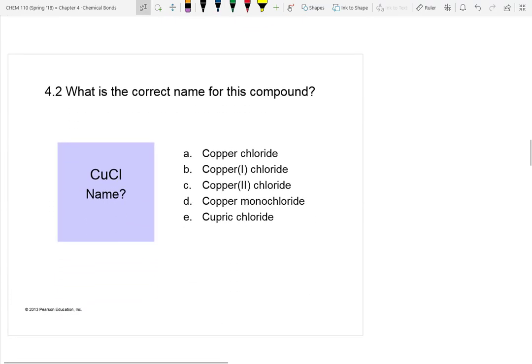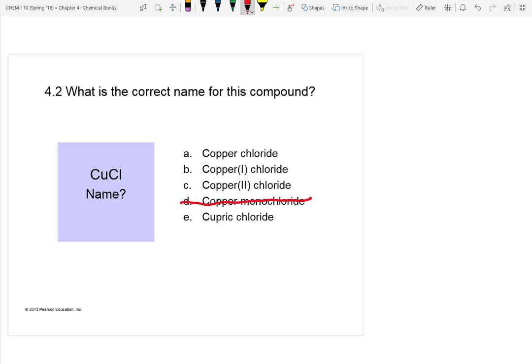All right. What is the correct name for this compound? Give me a thumbs up if you feel confident. All right, first thing I would do is identify it as ionic or covalent. It's got to be ionic, it's got a metal in there, which means we can cross out some of these with process of elimination. For example, that one doesn't make sense because it has a prefix in there. All right, second thing I would say is, is it a transition metal or a non-transition metal?